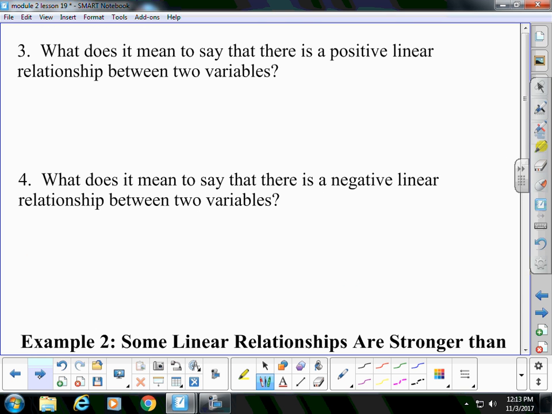Okay, so what does it mean to say there is a positive linear relationship between two variables? So first of all, linear means that you can use a line. Linear means that there's a line that best fits.